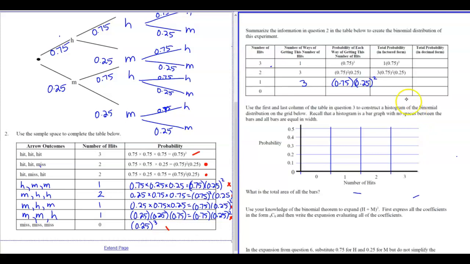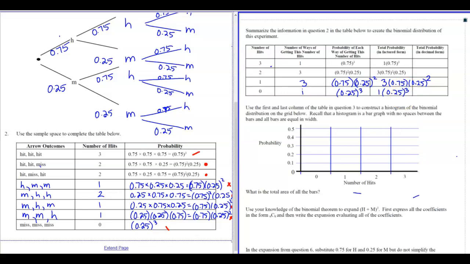Anyway, so there's going to be 3 of those. And 0 hits, there's just the one way of getting that. Probability is 0.25 cubed, 1 times 0.25 cubed.